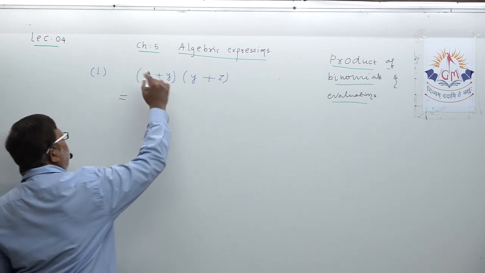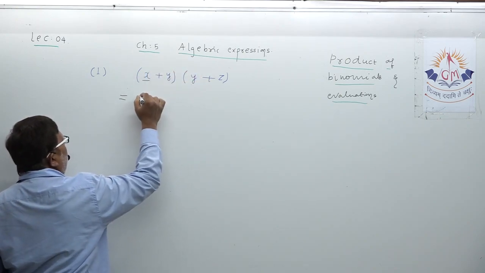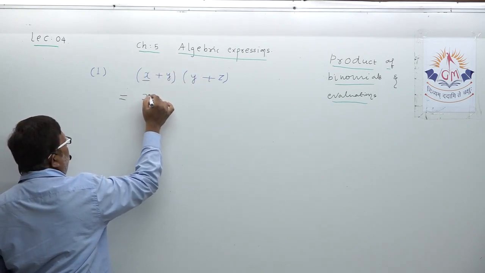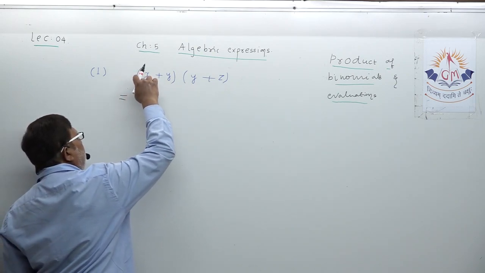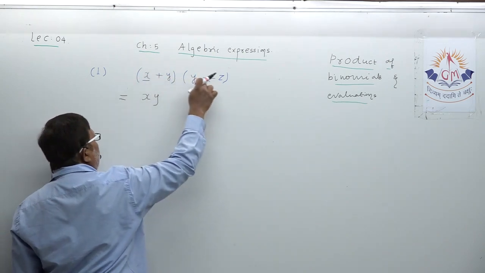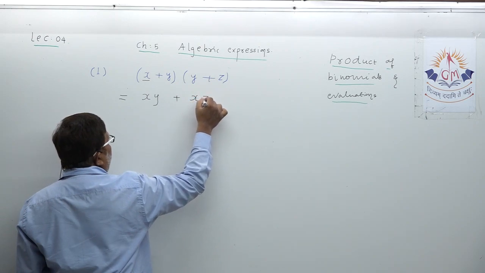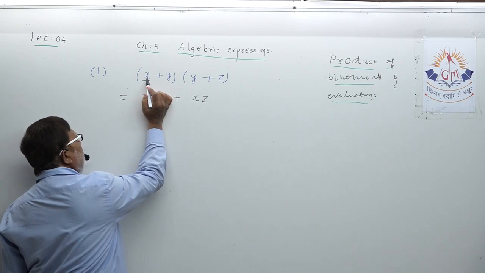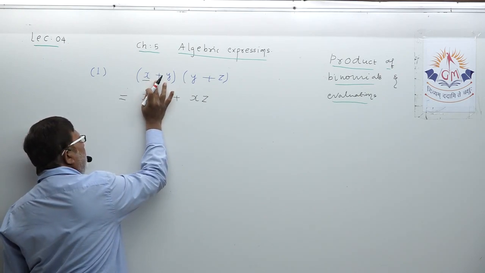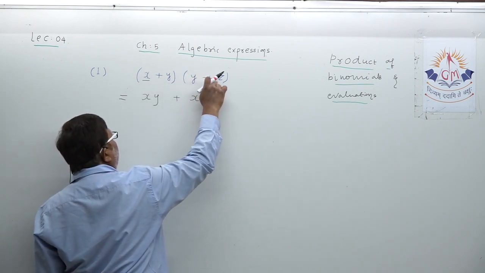Let us number it 1 here: x into y, different variables, that means xy. Now you multiply x with z, x into z, that is xz. What you have done: the first term of this binomial you multiplied with this binomial.